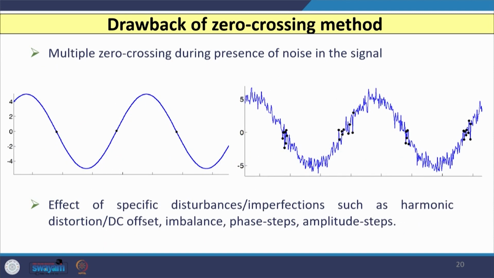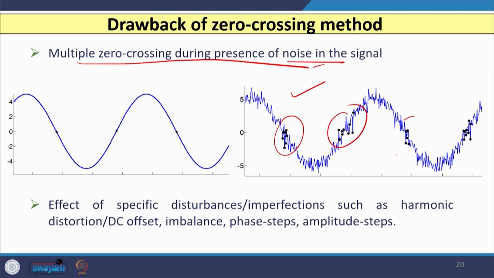So, the first disadvantage of zero crossing based method for estimation of frequency is that multiple zero crossings can be identified if the acquired signal contains noise. You can see that in this signal noise is present, and you will find that at this point when you estimate the zero crossing, multiple zero crossings can be identified.